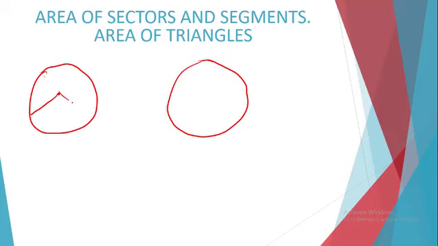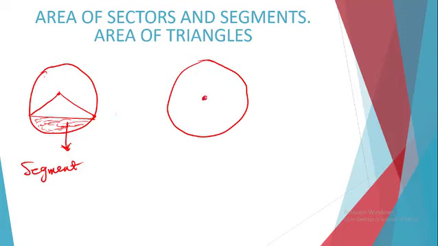When we have radii forming a triangle in a circle, the shaded part is what we call a segment.